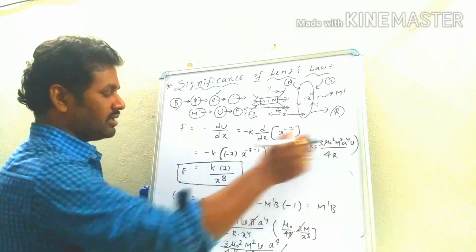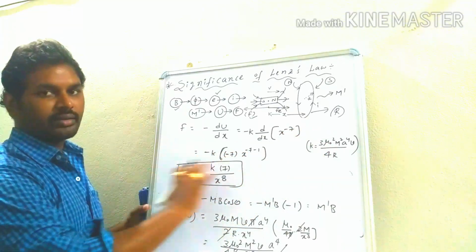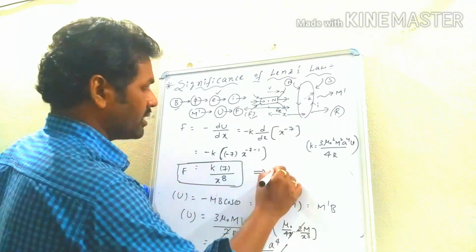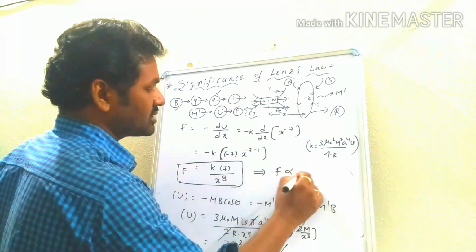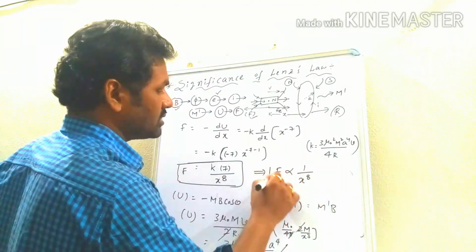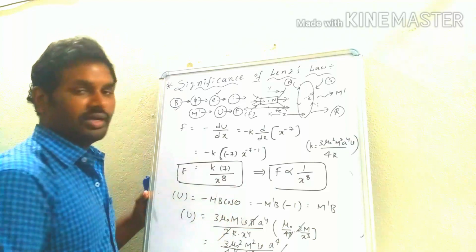If you take this k here and multiply and write the entire equation, you can get the relation between the force and distance. F is proportional to 1 by x to the power of 8. You can see the relation.